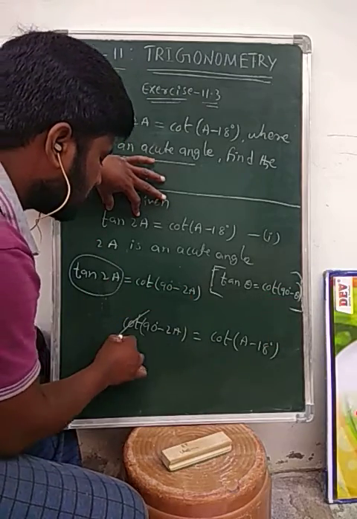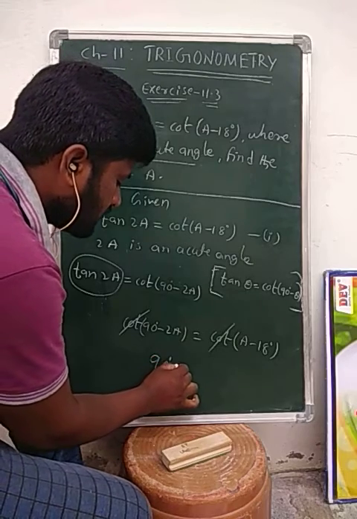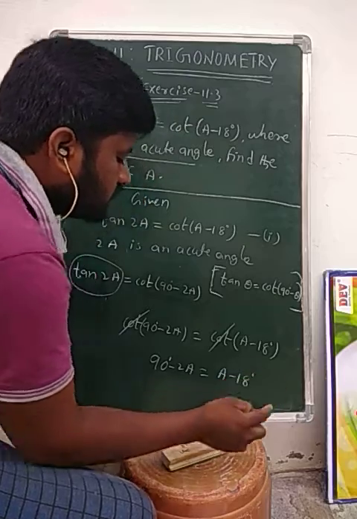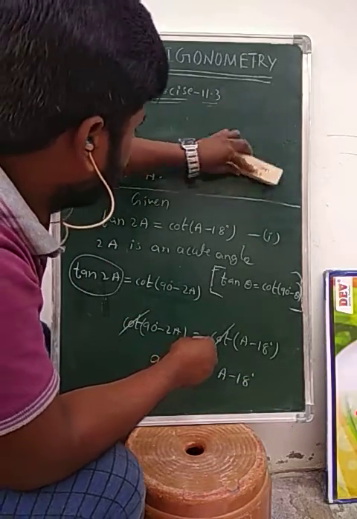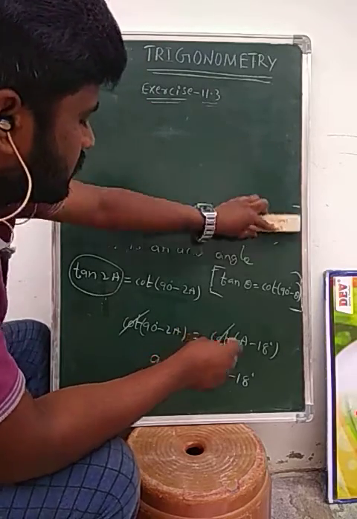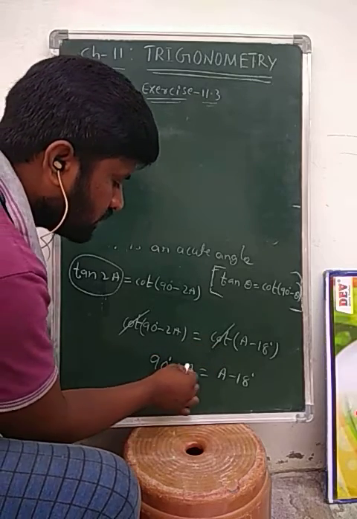Now both sides we are removing the cot ratio. We get here 90 degrees minus 2a is equal to a minus 18 degrees. Then what I am doing here, transposing the terms.